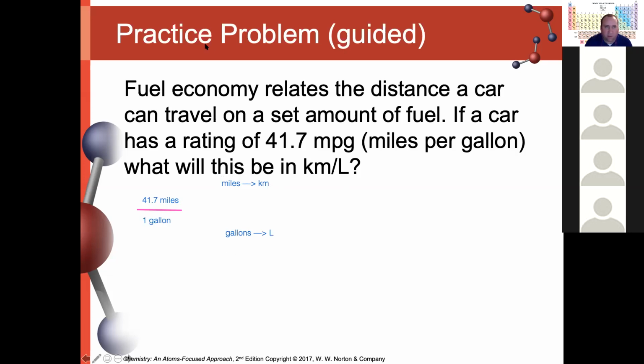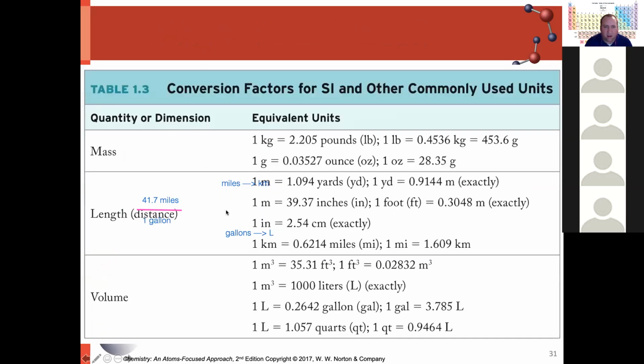Now, we can flip back and find the conversions that we're needing here. So miles to kilometers, 1 mile is 1.609 kilometers. And then gallons to liters, if we go to volume here, 1 gallon is equal to 3.785 liters.